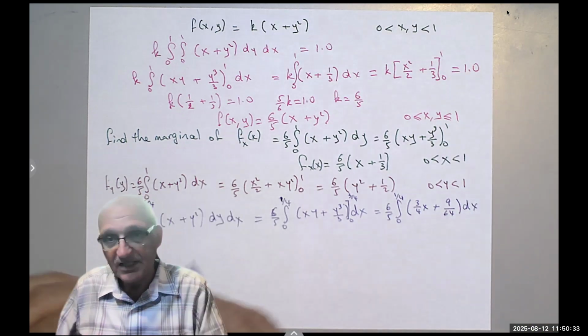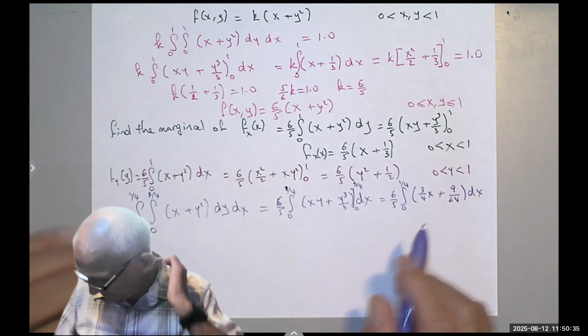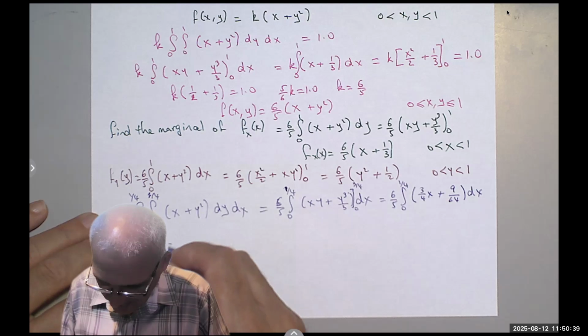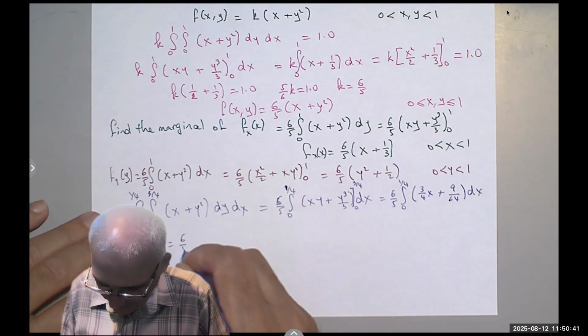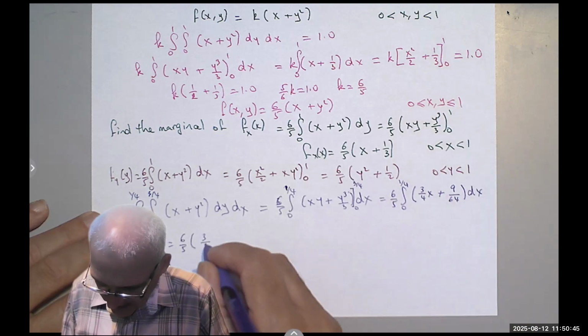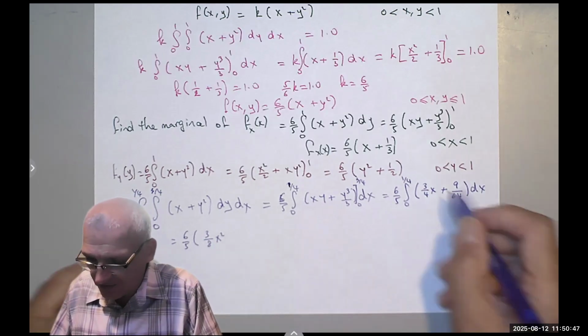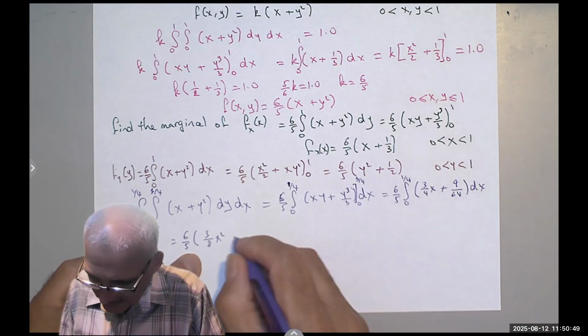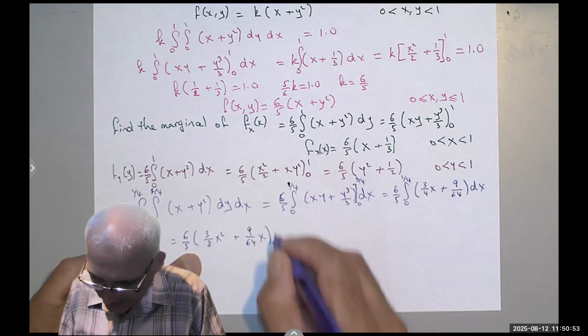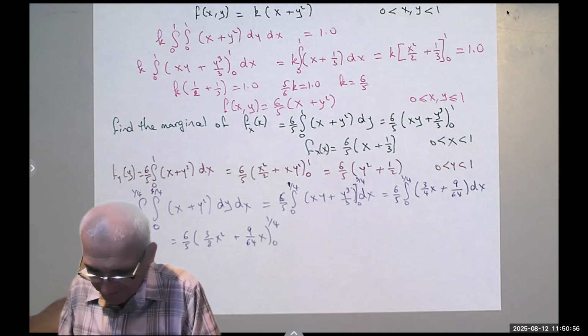Okay? So that's the thing I'm going to integrate. So I will get 6/5 times 3/8 x squared, right? Because I'm going to divide by 2, plus 9/64 x. And this is evaluated from 0 to a quarter.